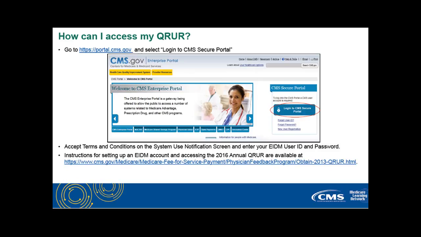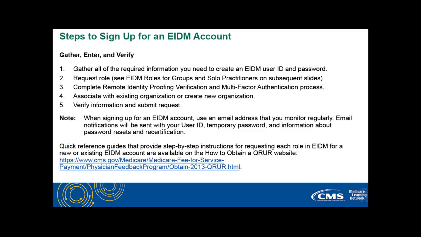This slide provides some information on how an organization can access the QRUR report. I'll begin by saying that it's not something that you or I can just log on and get. Representatives from the organization have to have registered with CMS to have access to these data.